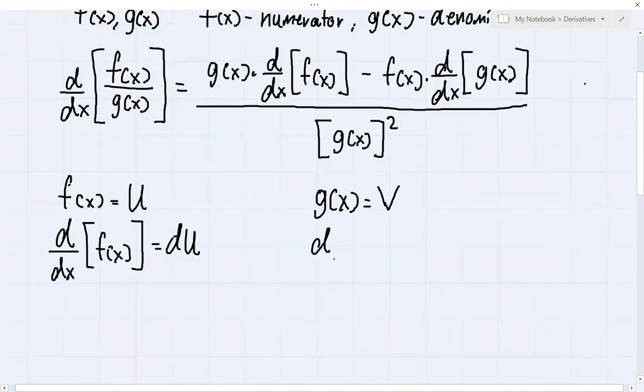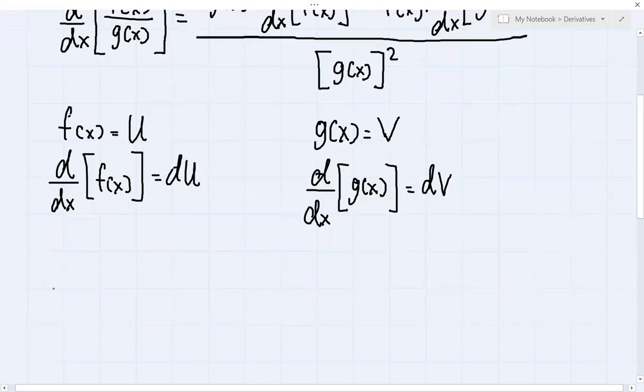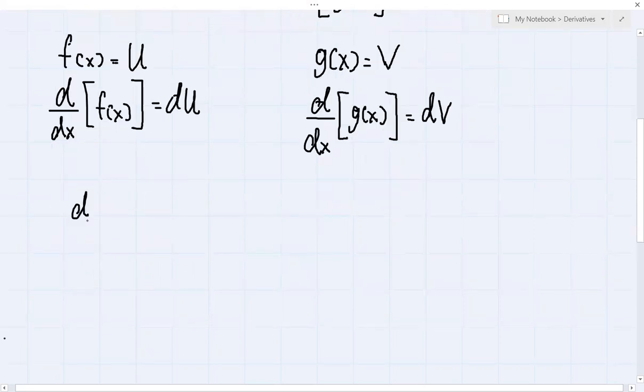And its derivative, the derivative of g of x, that would be dv. So, anong magiging itsura nun? This would be the derivative of u all over v.